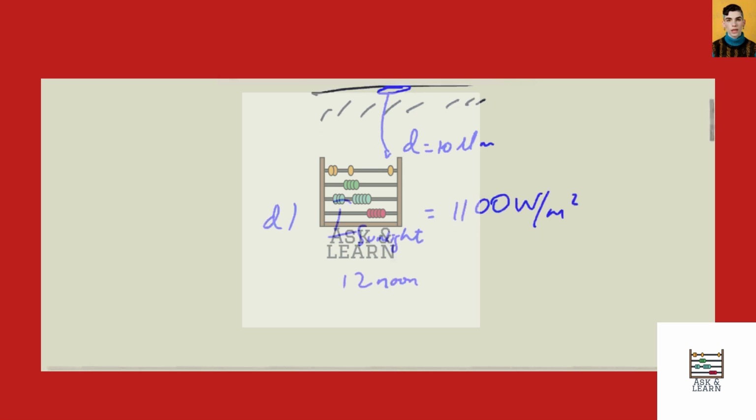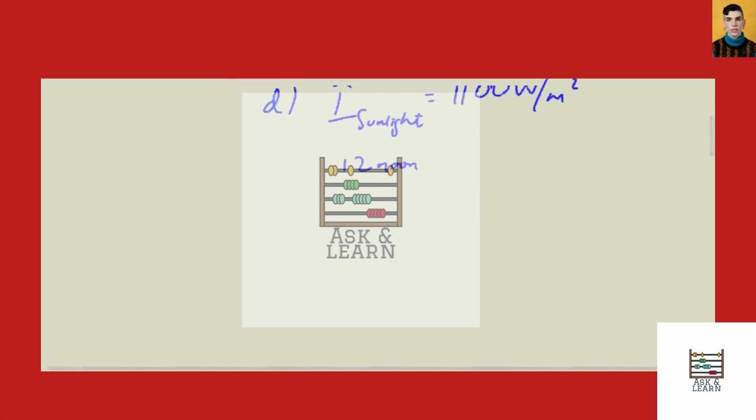So our goal is to figure out the ratio of the intensity of the laser relative to the intensity of the sunlight. So those are a couple of things we want to figure out.